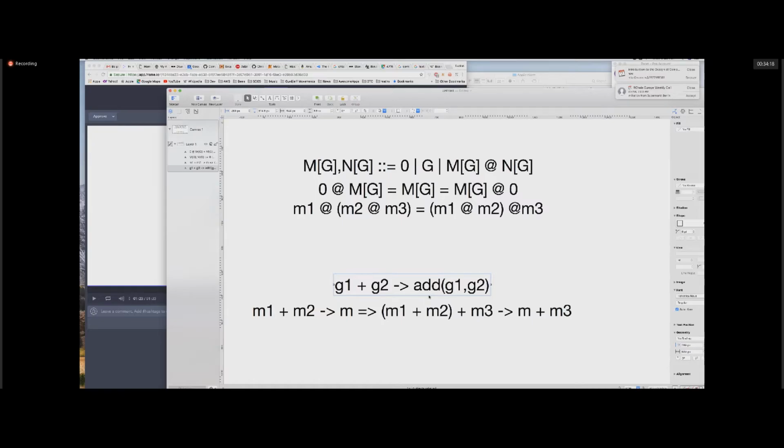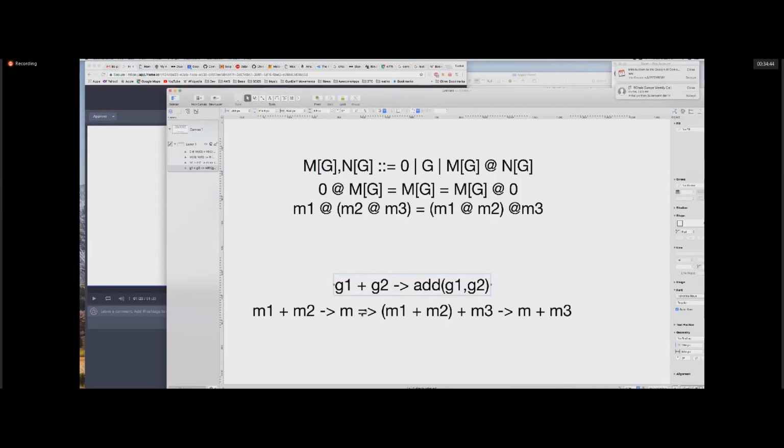So what do I mean in general by an SOS style presentation? SOS means structural operational semantics, and that presentation style was given by Gordon Plotkin. I encourage everyone to look up SOS and Gordon Plotkin and his notes on this.